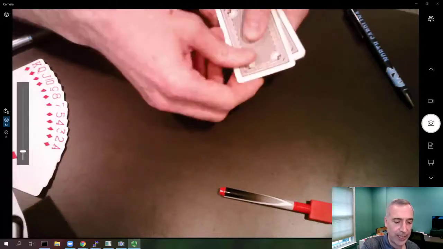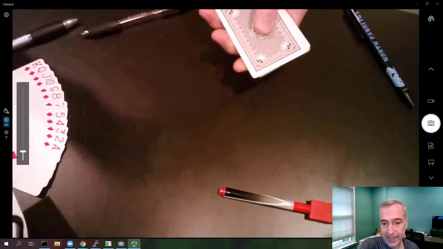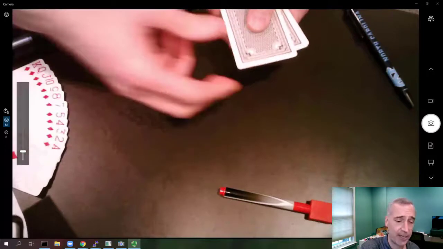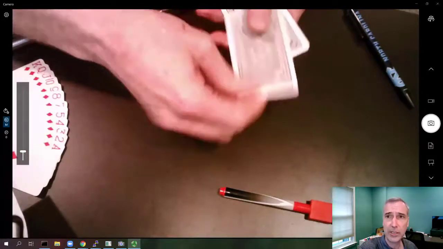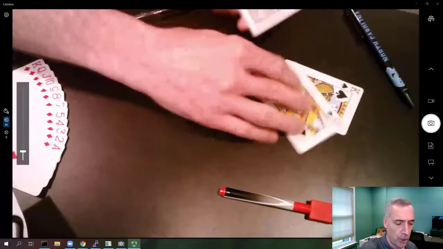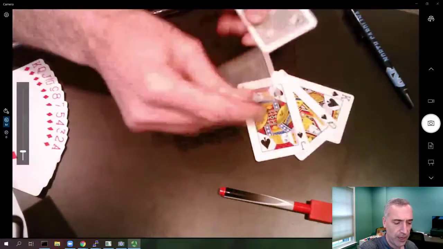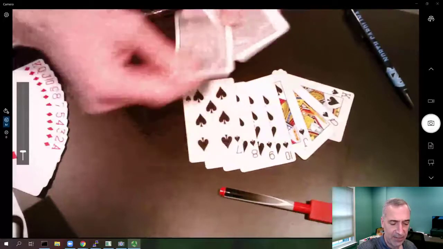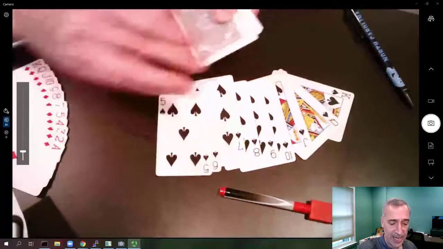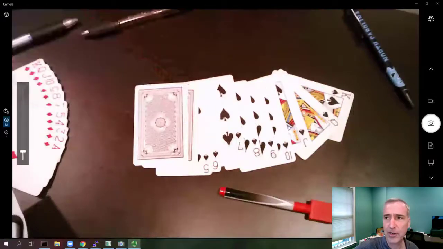So now, we tried 7, we tried 8, so now we should try 9. So we're going to take 9 cards off, but I'm going to put them face up so you'll always know where something is at. So 1, 2, 3, 4, 5, 6, 7, 8, 9. And I'm going to put the rest of the deck on top. I'll turn them over in a bit.